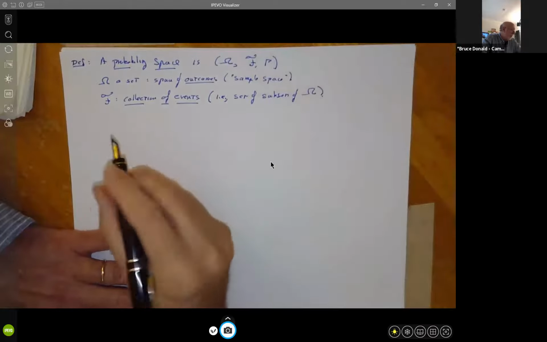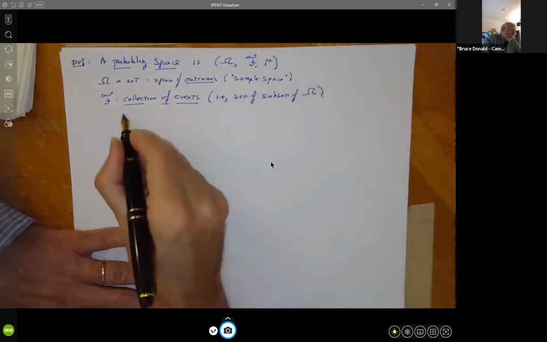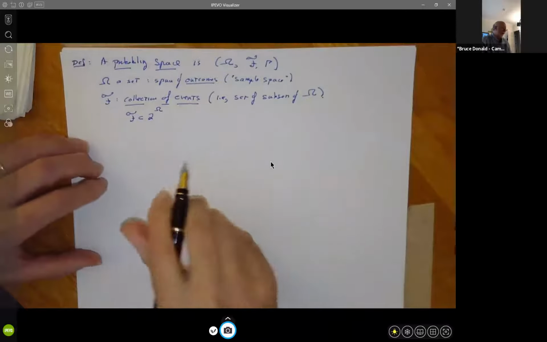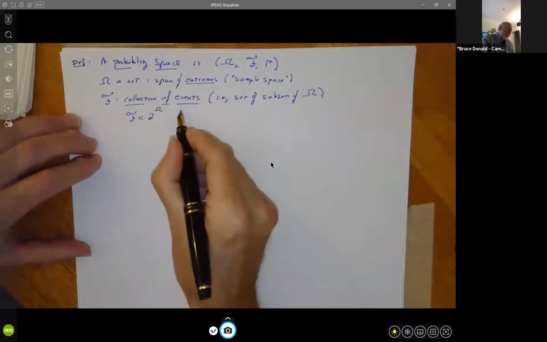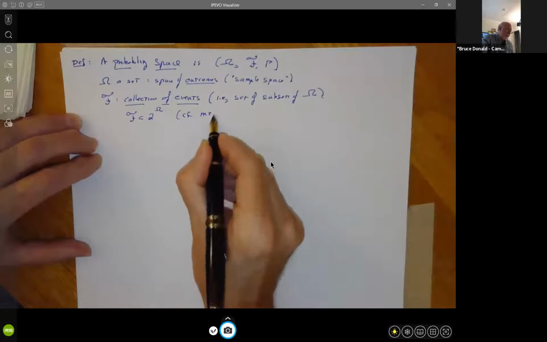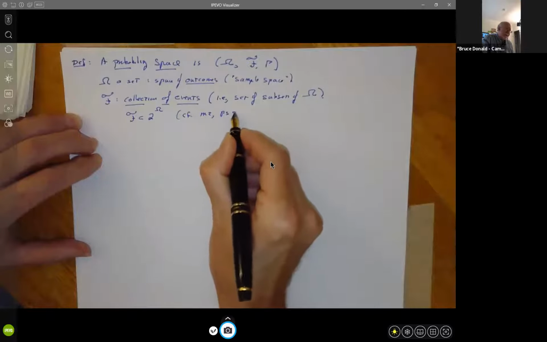By our newfound knowledge of set theory, we can write this as F is a subset of the power set 2 to the omega. So it's some set of subsets of this. Please compare this to midterm 2 and PS5 and other places where you're seeing this.